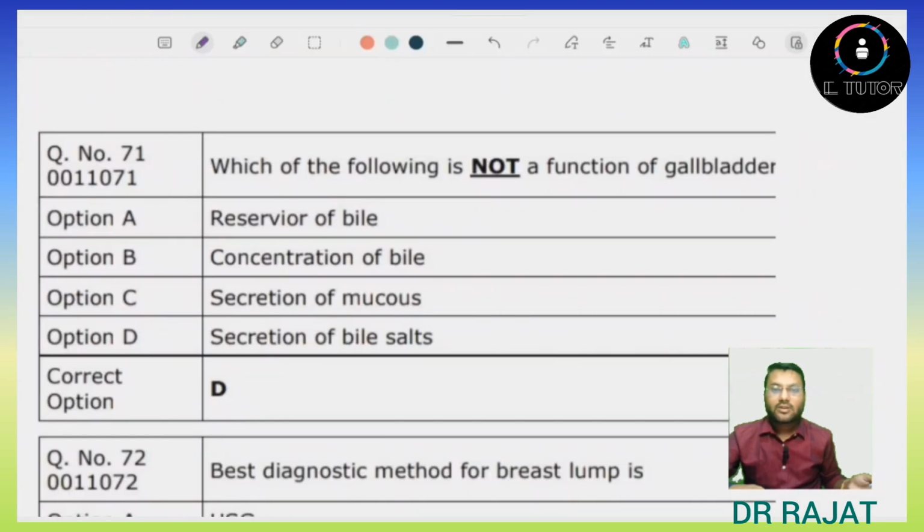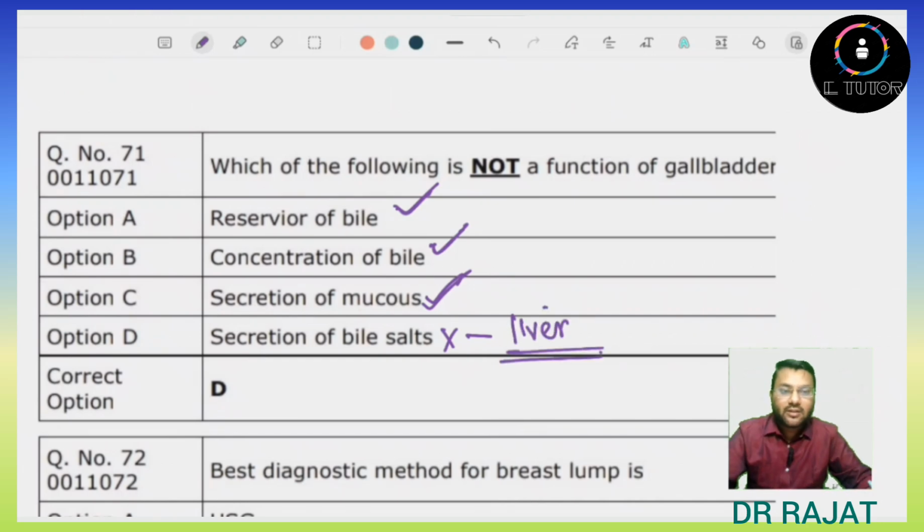Next question is, which of the following is not a function of gallbladder? So reservoir of bile, this is true. Concentration of bile, this is also true. Secretion of mucus, yes, gallbladder will secrete mucus and add it to the bile. And secretion of bile salts, no. Secretion of bile salts is mainly done by liver.